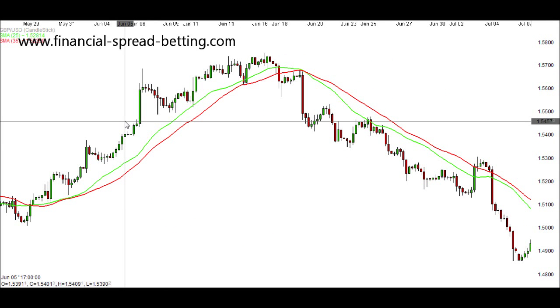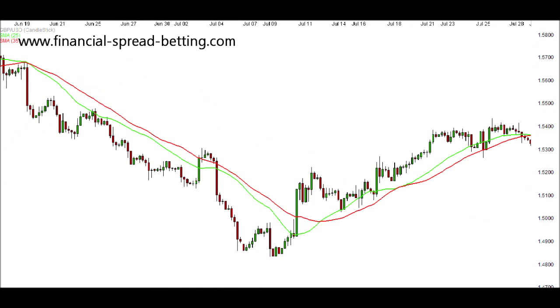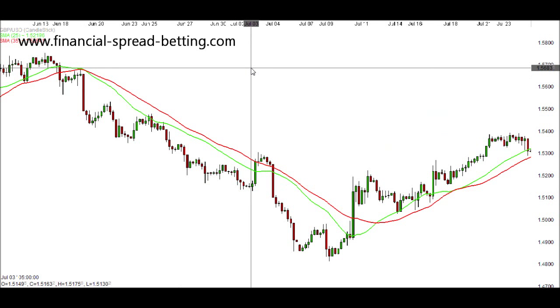At the end of this uptrend and the start of a downtrend, we have the crossover here. Price is uptrending and then starts downtrending. Once again, we have our crossover. Price is downtrending, then price starts uptrending, and we have our crossover.